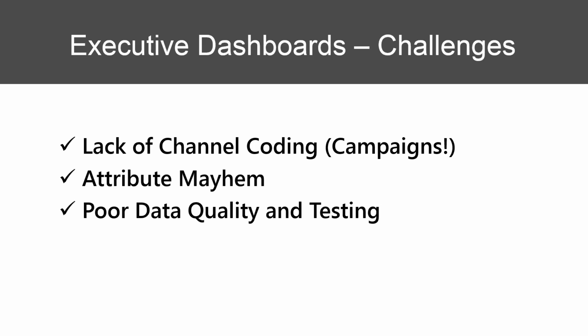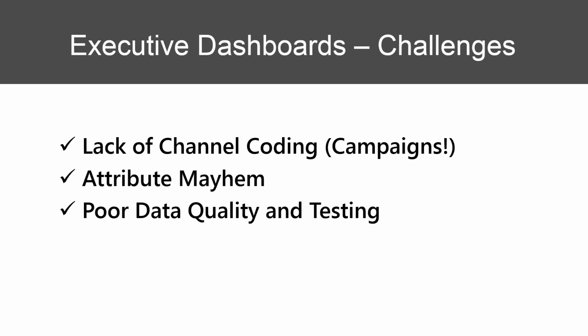The biggest challenge we run into when we try to build things in Tableau, and it's not Tableau, it's just across the board, but you really see it when you start to look at things in Tableau, because it sort of takes the covers off of the data, is trying to get at the coding.